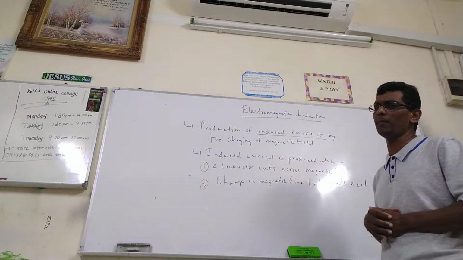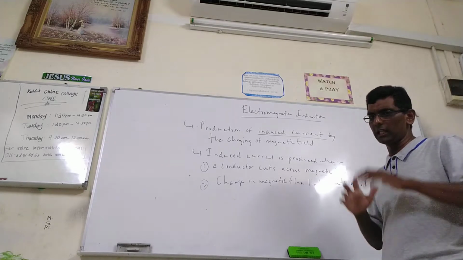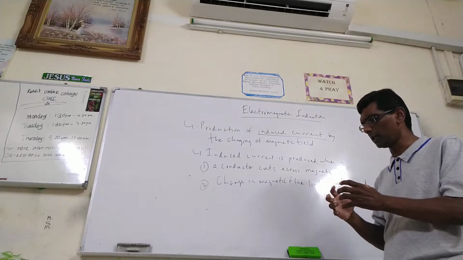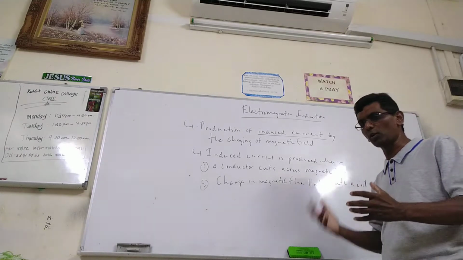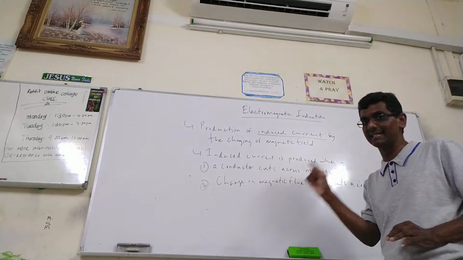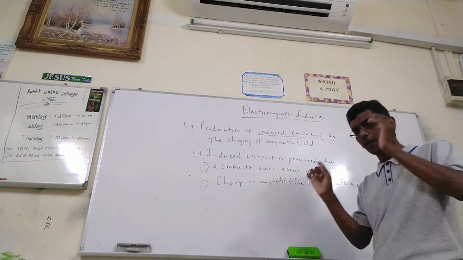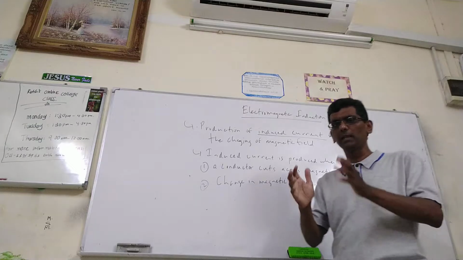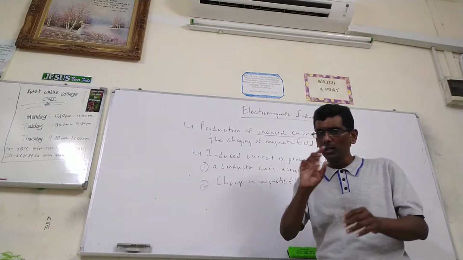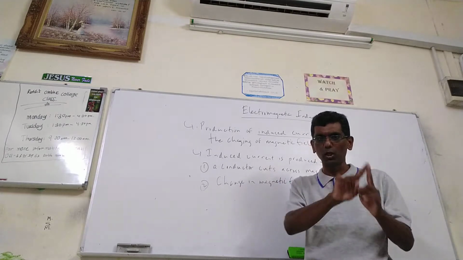What is the meaning of magnetic flux and magnetic field? The magnetic field is the field, the Medan, between the North Pole and South Pole. Magnetic flux means the field lines that join the North and South Pole.